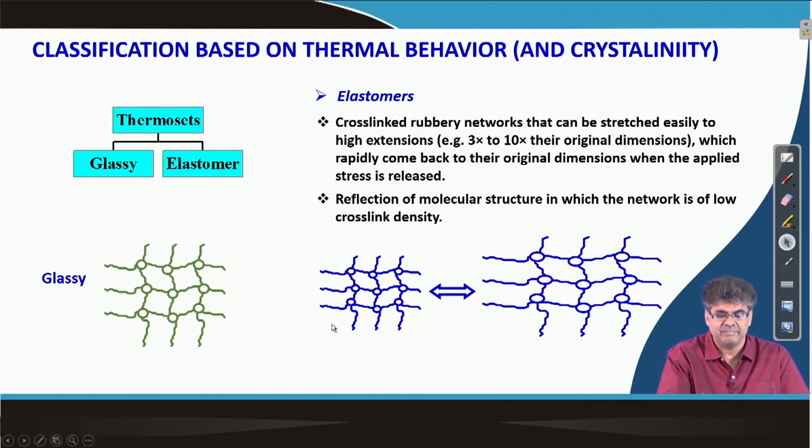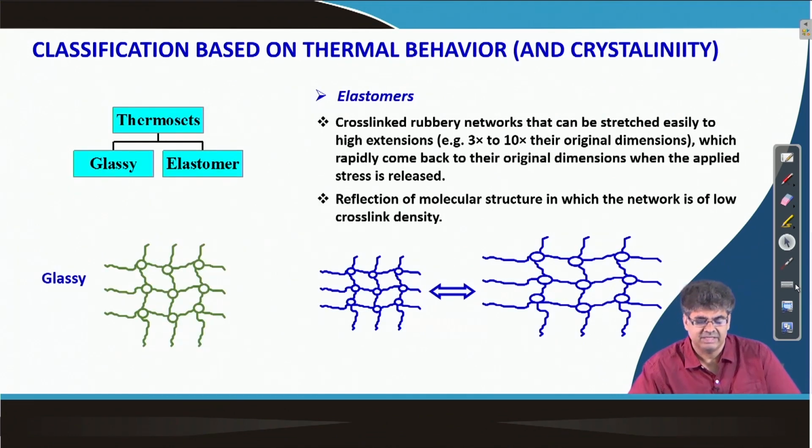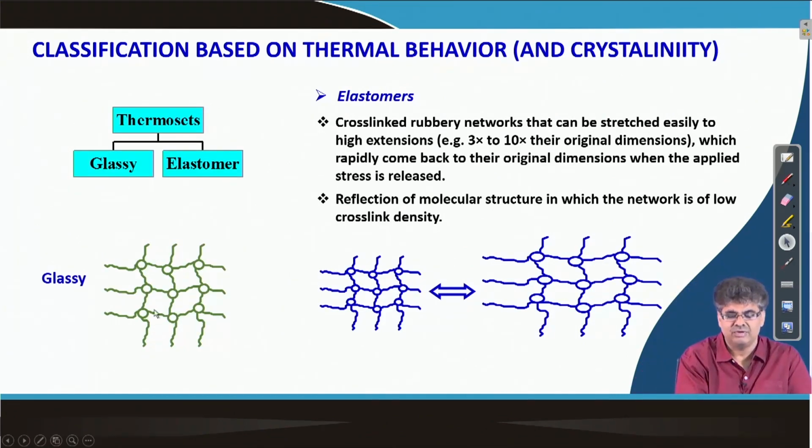Now, when we have a glassy polymer, meaning the temperature is below the glass transition temperature, then these polymer chains are actually stiff. So, they do not have much mobility, these intermediate polymer chains have not much mobility.